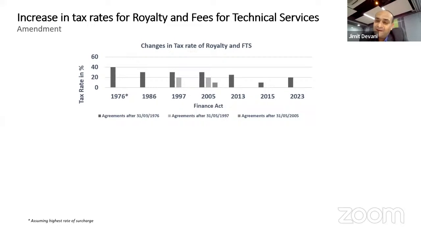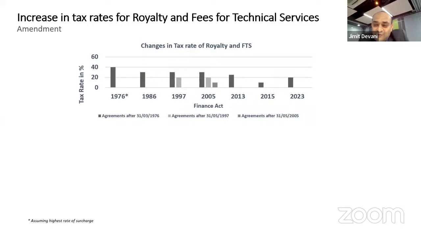Then when the new government came in, the rate was reduced to 10%, stating that we want ease of doing business. We want to ensure that foreign companies enter into India, and when they earn and pay taxes, we don't want to overburden them with a high rate of taxes, and that is why the rate was reduced to 10%.